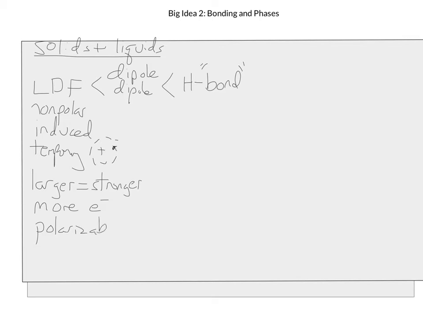The electrons will be more unevenly distributed. Okay, so those are London dispersion forces. Our dipole-dipole forces are just normal polar molecules. If they have dipole moments in their covalent structures, they will form polar molecules.